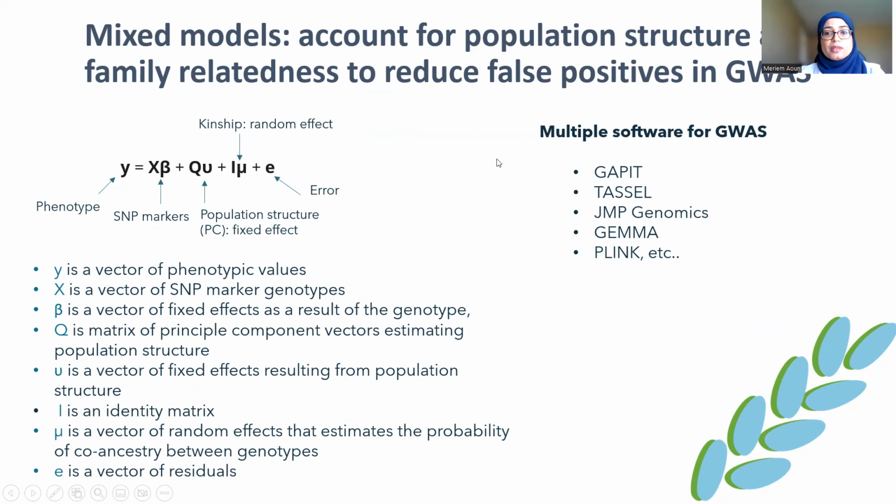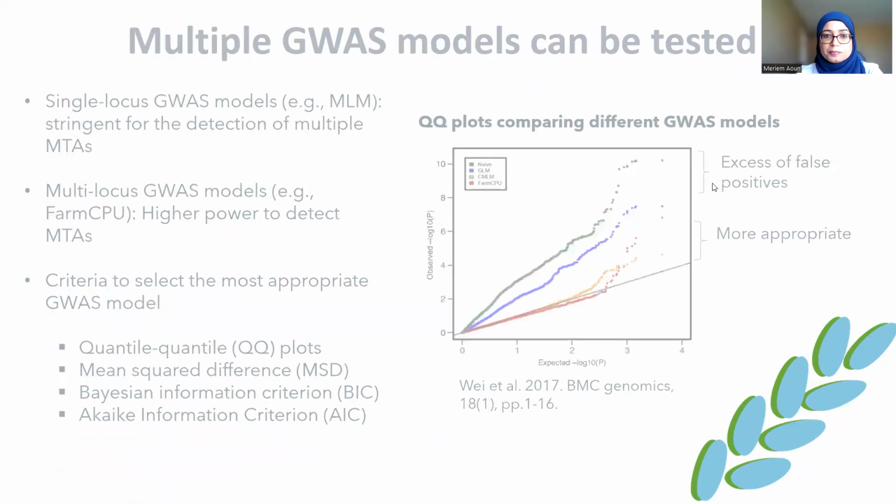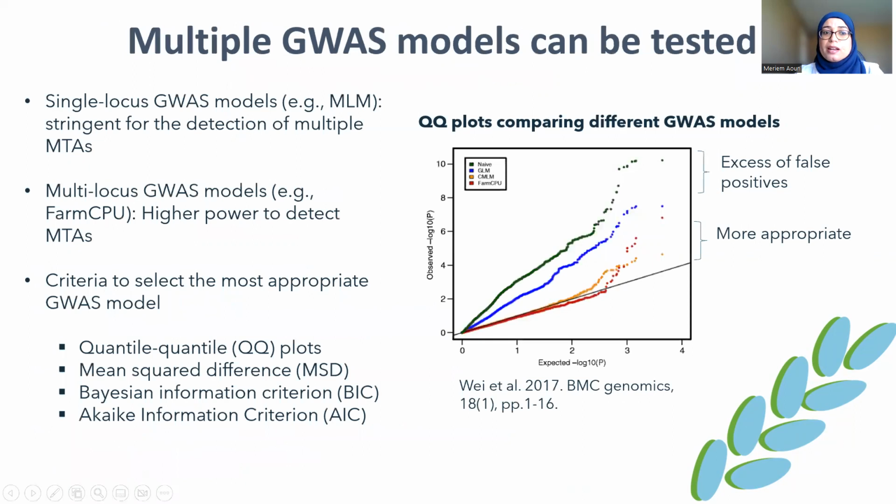There is much software that can be used to perform the GWAS, like GAPIT, TASSEL, GenomicS, GEMMA, and PLINK. I personally prefer using freely available software like GAPIT and TASSEL. There are multiple GWAS models that you can test for your trait, and then select the most appropriate model to report your results.